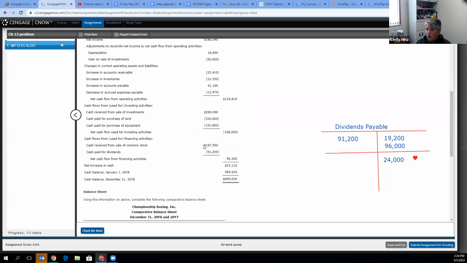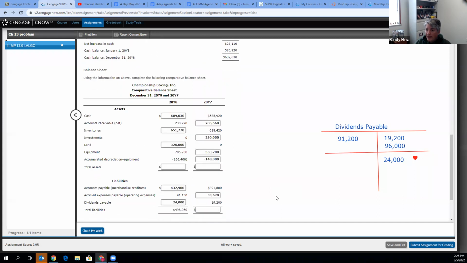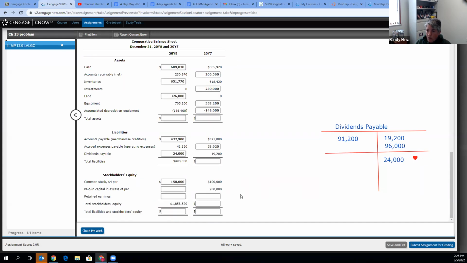We sold it for a total of 187,500. So of that 187,500, the first 50,000 was for the par value, and the remaining 137,500 would be paid in capital in excess of par, or additional paid in capital.